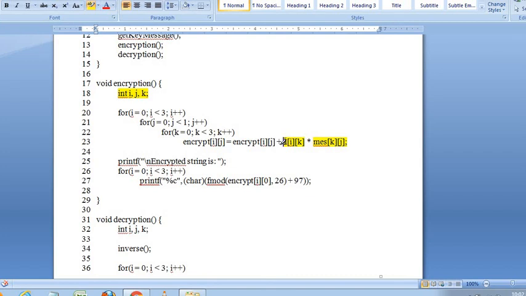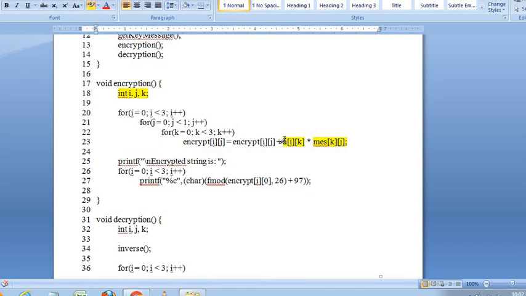For example, if one matrix is 3 by 3 and the other matrix is 4 by 3, how will the multiplication occur? The dimensions must match. This is the logic behind it. So the message vector is multiplied with the key matrix, and matrix multiplication is nothing but the addition of the different multiplications.